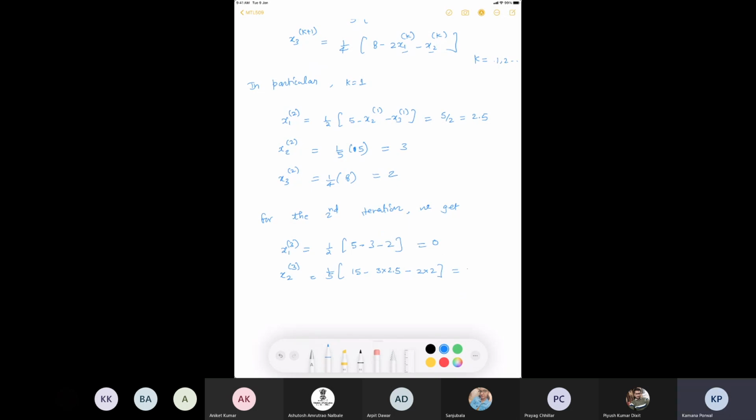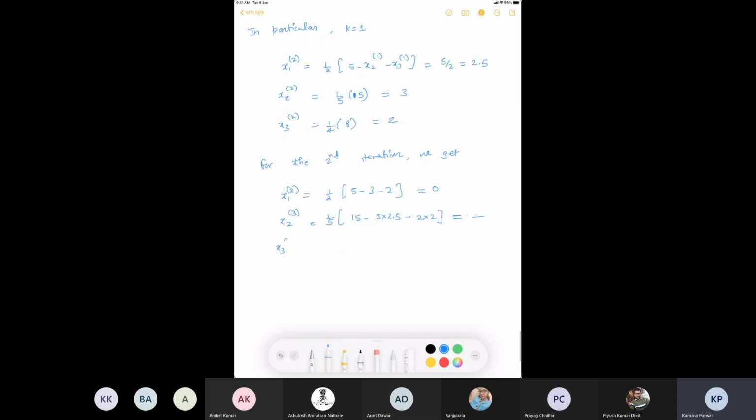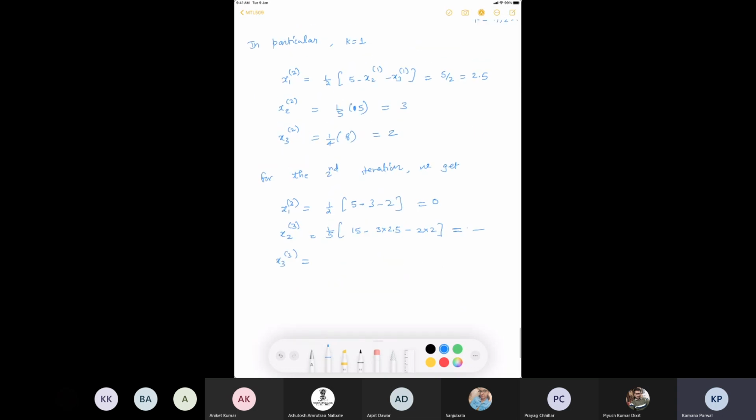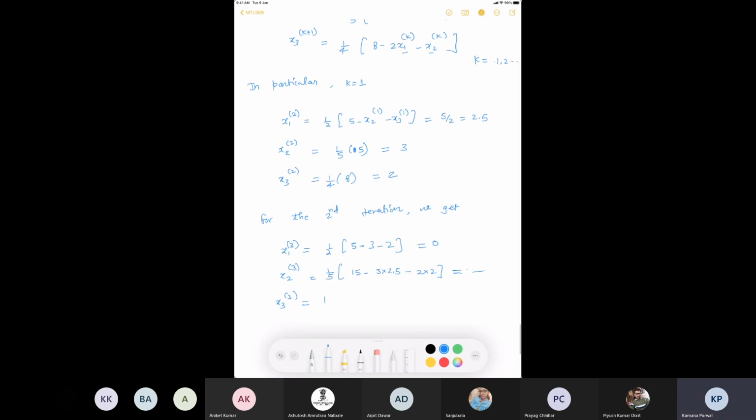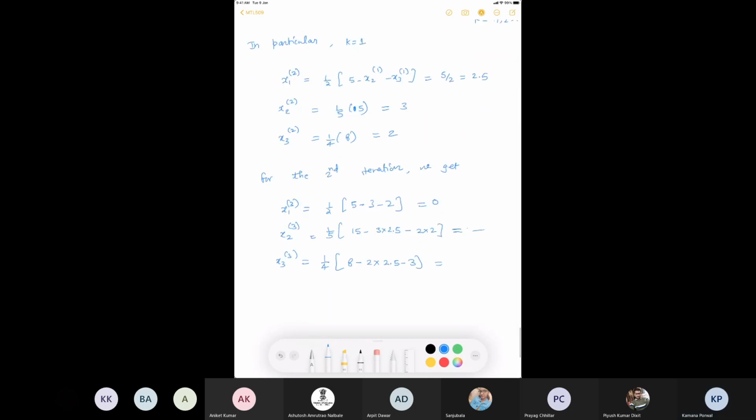So you can simplify this and see what you get as an output. And x3, 3 is going to be 1 by 4 times 8 minus 2 times 2.5 minus 3. So this is 5 minus 3, so this is 0.